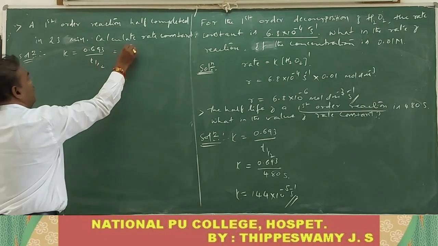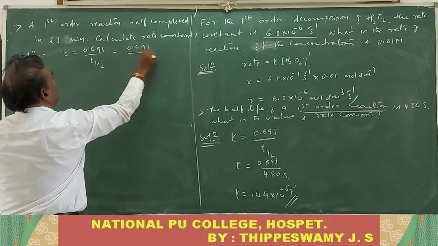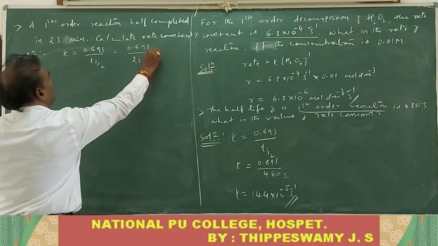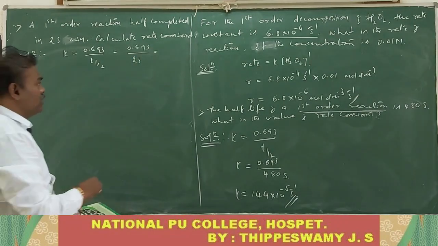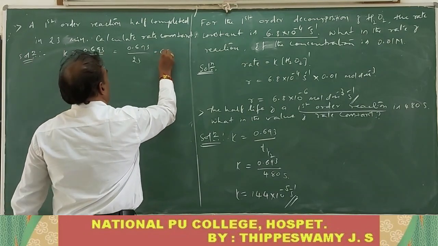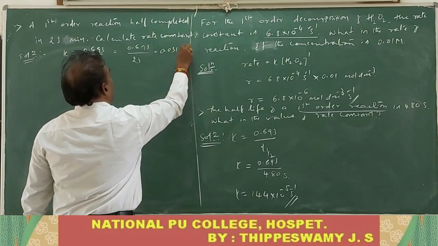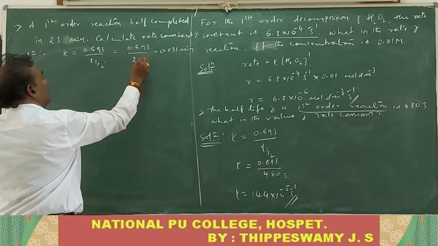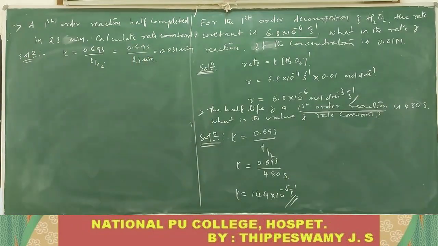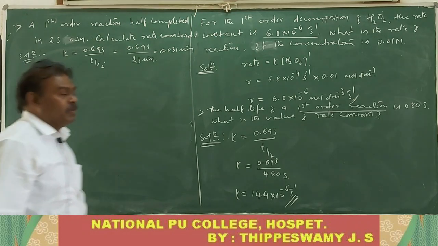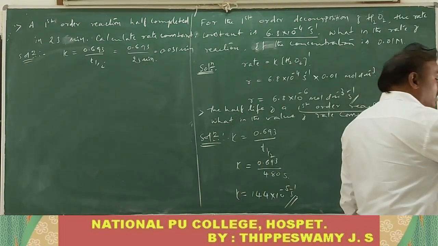T half is 23 minutes. So this will be equal to, after simplifying, 0.031 per minute. Here the half-life is given in minutes only.